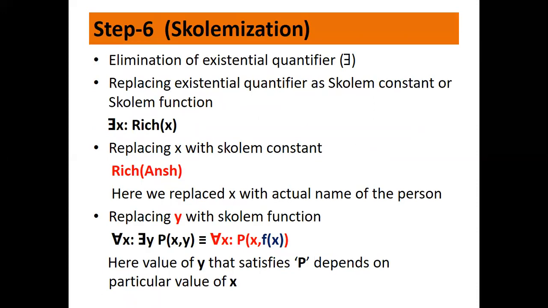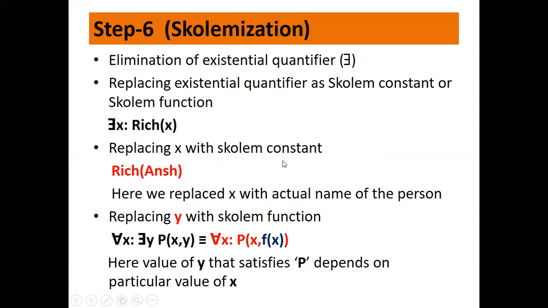The next step we have is Skolemization. So what is it? Elimination of existential quantifier, right? Replacing the existential quantifier with a Skolem constant or Skolem function. So here, there exists x, x is rich, right? Now what we do, this x variable, we replace it with a constant.